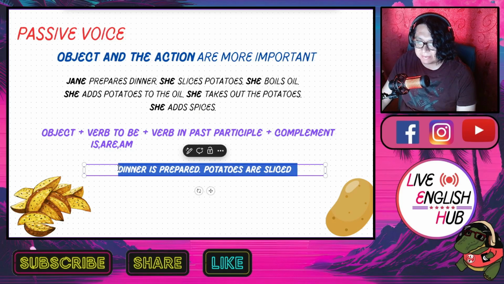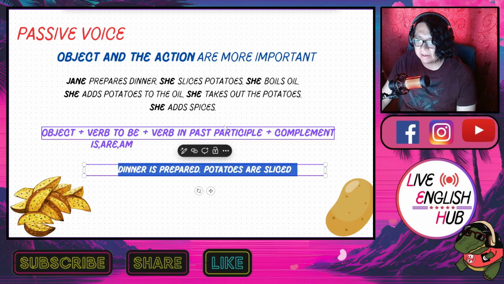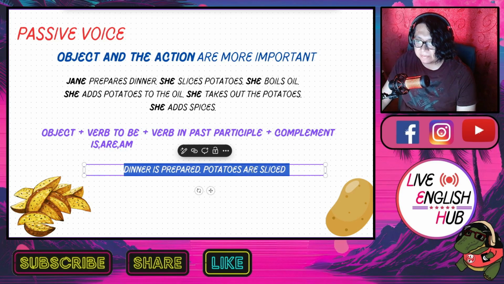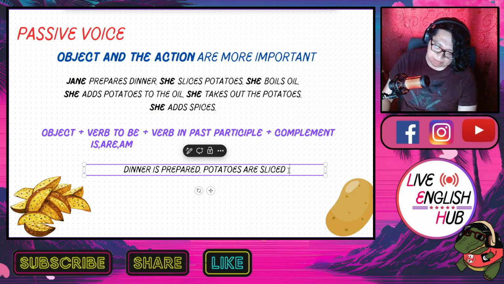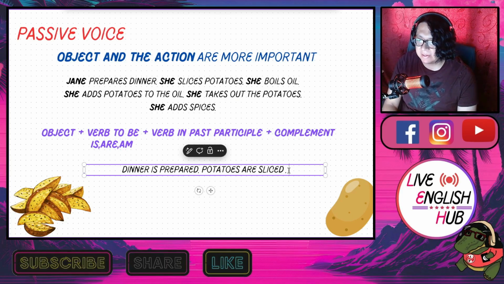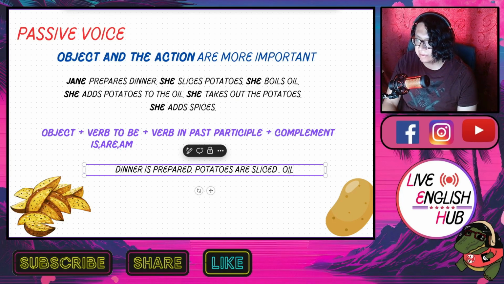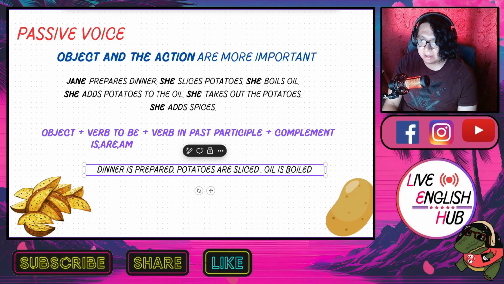Entonces en este caso, ahí sí es donde poco a poco vamos a ir agregando todas nuestras oraciones en pasado participio. So dinner is prepared, potatoes are sliced, and then we're going to continue with the next one. The next one is she boils oil. Entonces vamos a empezar con oil. The verb to be for oil is boiled. There we go.